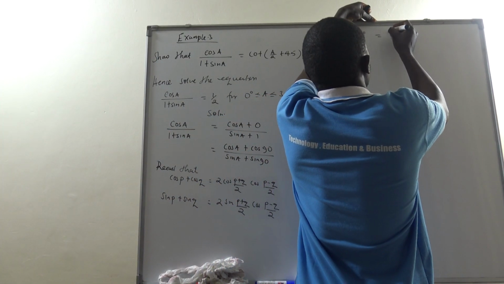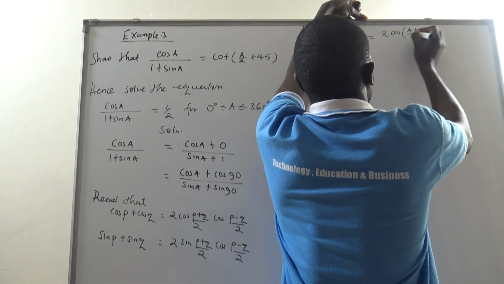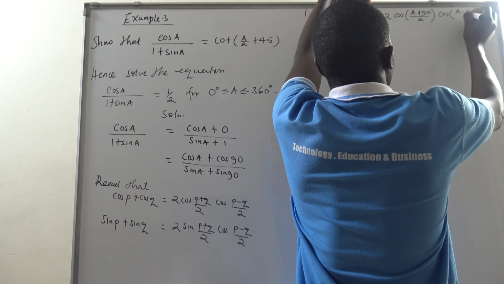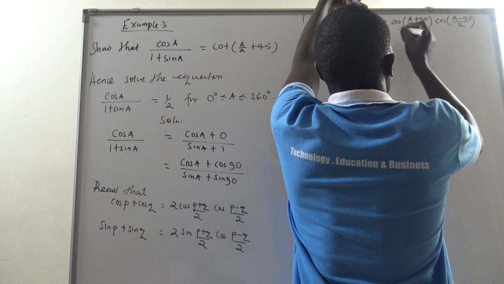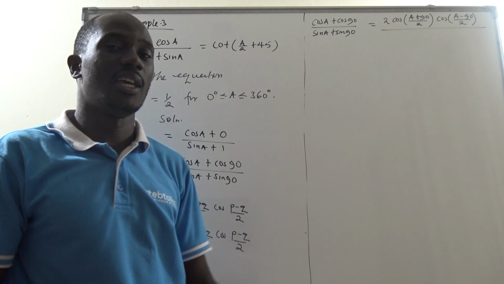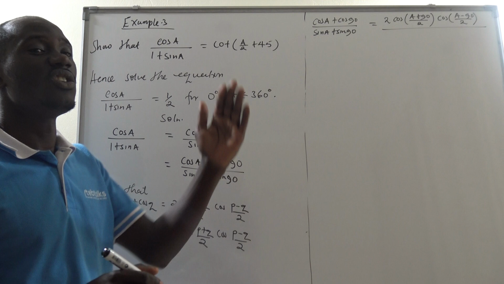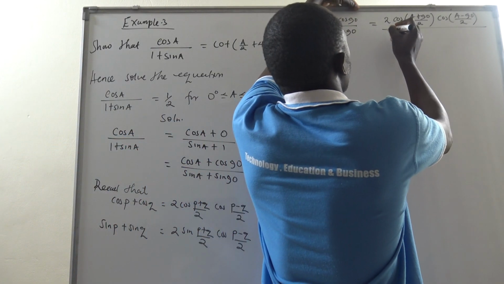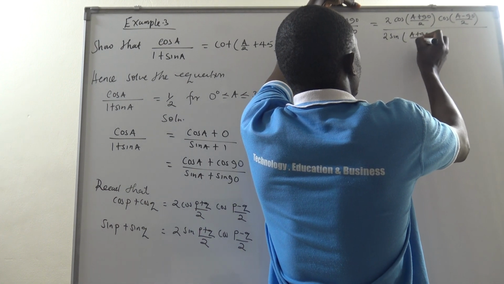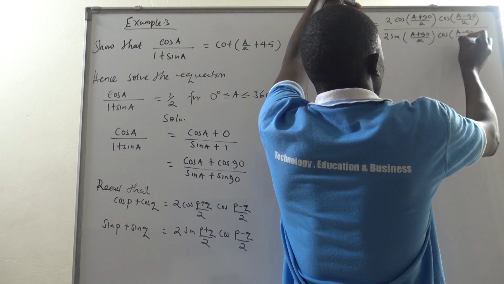So this is the same as 2 cos of (A plus 90) by 2 times cos of (A minus 90) by 2, all over the factor formula of sin A plus sin 90. Sine plus sine is 2 sin of (A plus 90) by 2 times cos of (A minus 90) by 2.